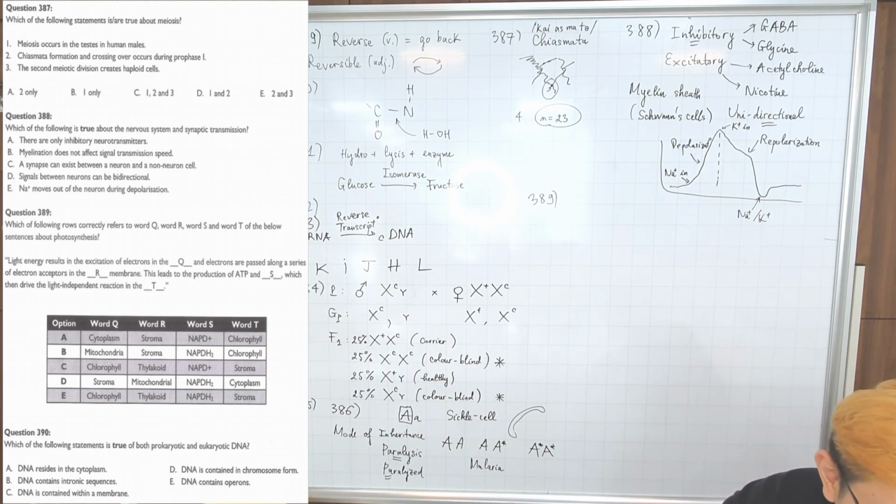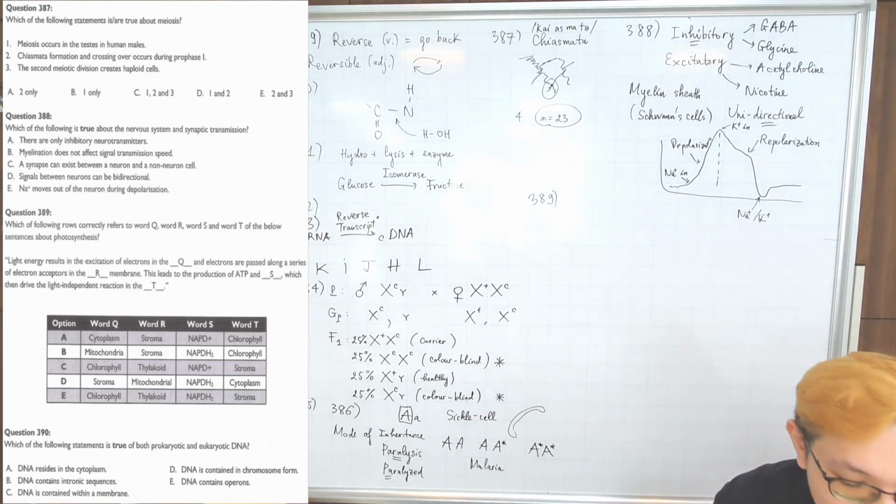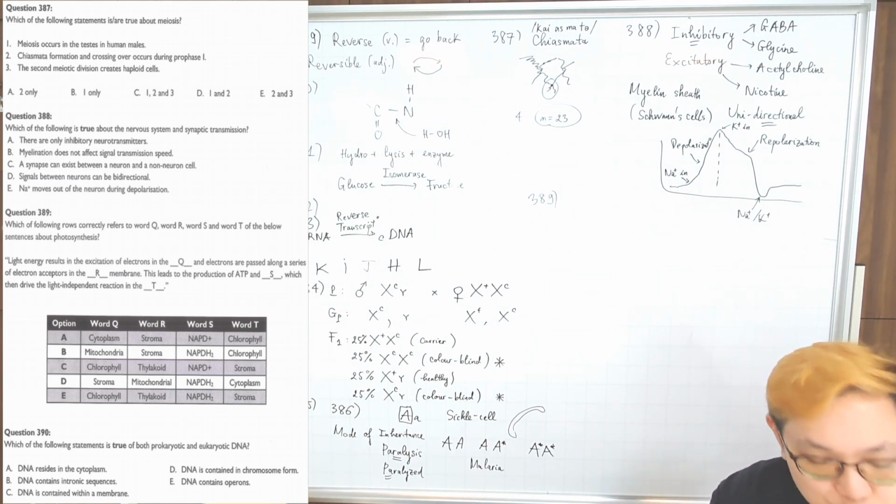NADPH2 thì làm thế nào mà nó lái cái phản ứng không phụ thuộc vào ánh sáng ở trong stroma? Nó phải truyền cái H đó bằng cách nào đó, đúng không? Truyền H thì nó phải có H sẵn, tức là nó phải là NADPH2 mới đúng. So basically, logic thinking, this leads to production of ATP and NADPH2.